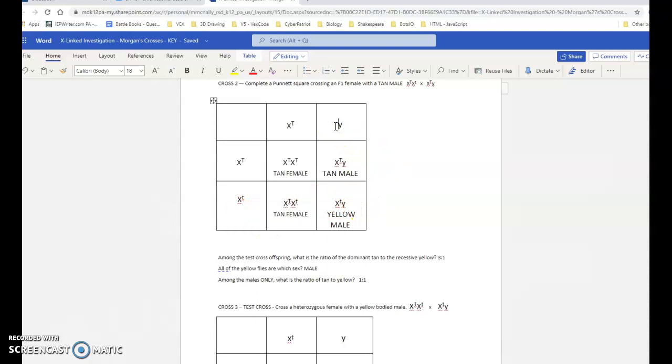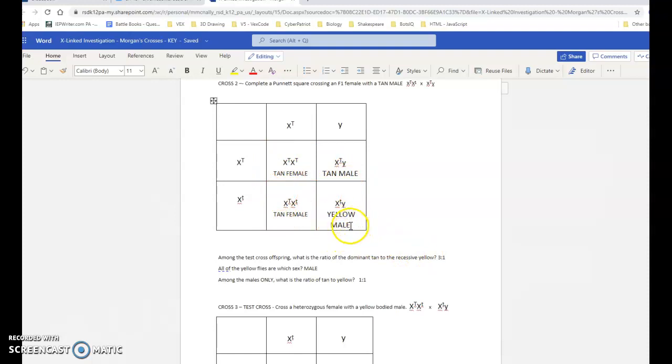What the big outcome here is, yeah, we get tan, tan, and tan. Three of them are tan. Anytime you see a capital T, you're getting tan. But in this case, small t with nothing to offset it in the Y, we get the one yellow individual. So what's the ratio? 3 to 1. We saw 1, 2, 3 tans and only one yellow.